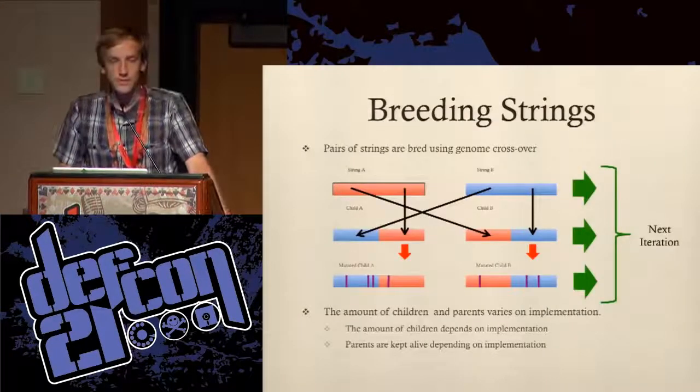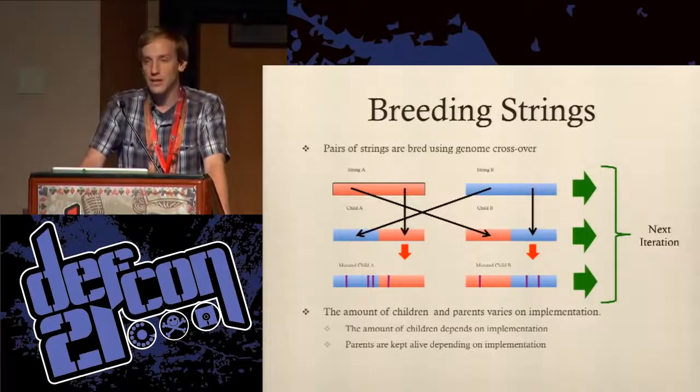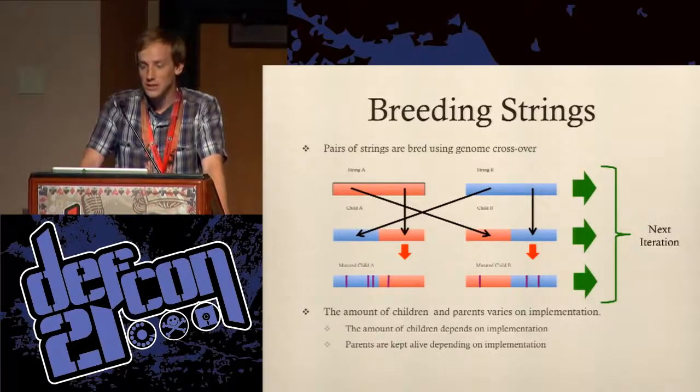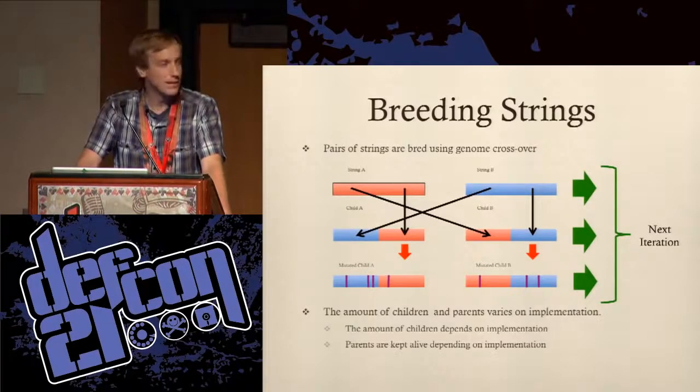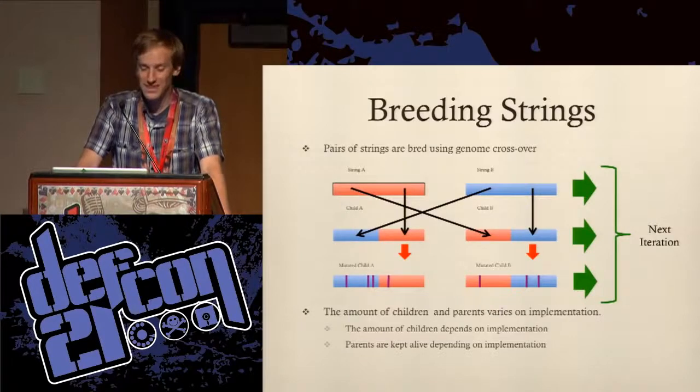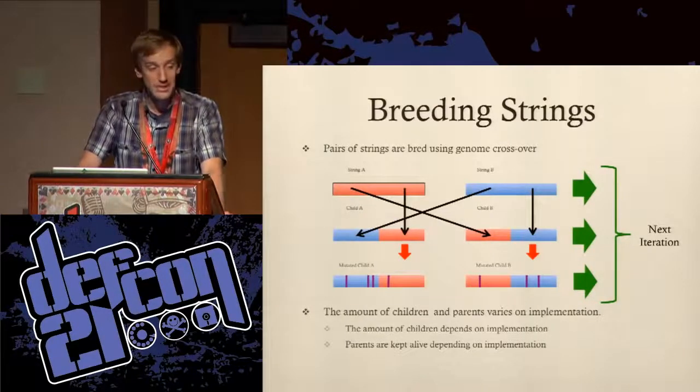Once we find out what a creature's score is, we breed the top scores and kill the underperforming scores. A good chunk of genetic algorithms use genome crossover, and this works really well in our domain because we have variable-length SQL injection strings that we need to breed against each other.